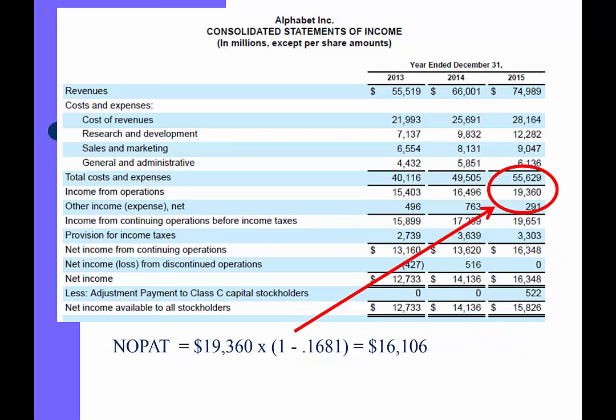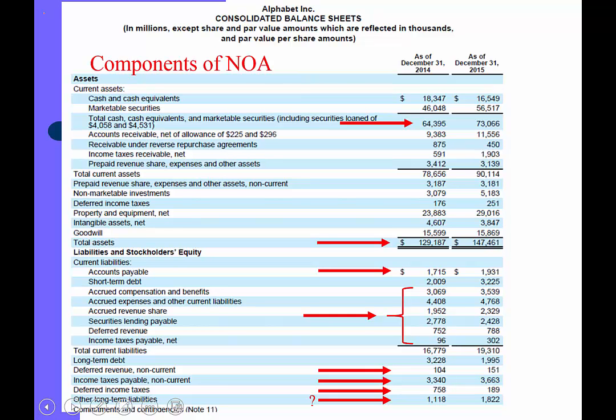Now I want NOPAT. NOPAT is income from operations, EBIT, times 1 minus the tax rate. In 2015, Alphabet had NOPAT, net operating profit after tax, of 16,106. These are in millions, so you add 6 zeros, that's $16 billion, pretty sizable amount of money.